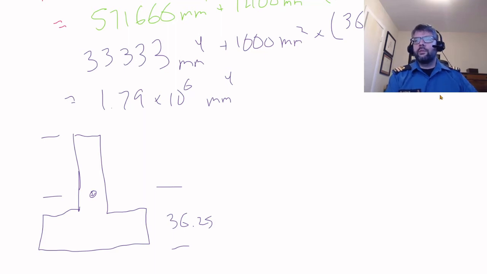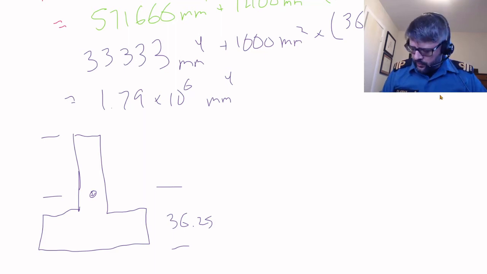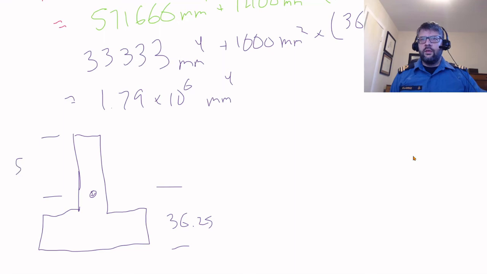So we got 36.25 there on the top. That value would be 53.75, and those are both in millimeters.